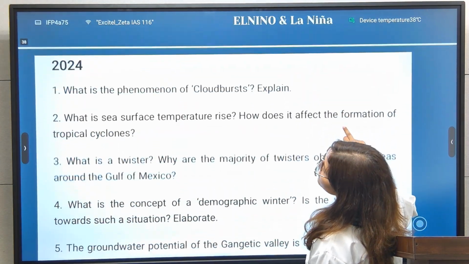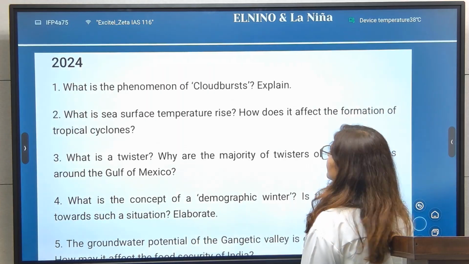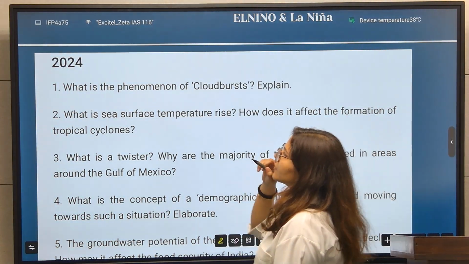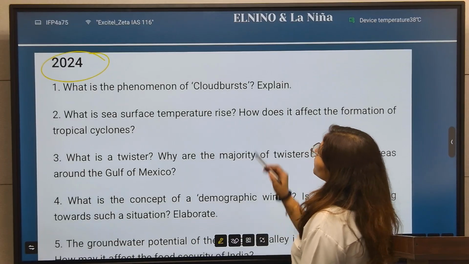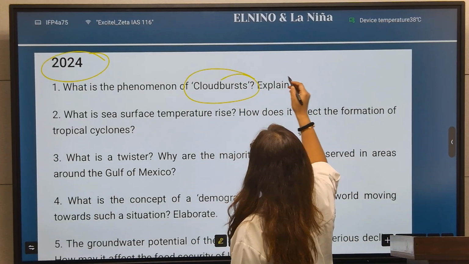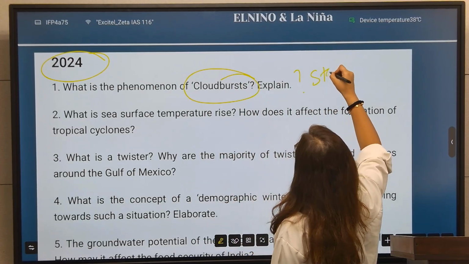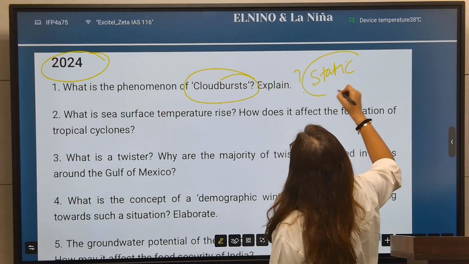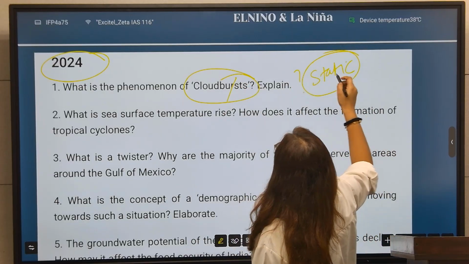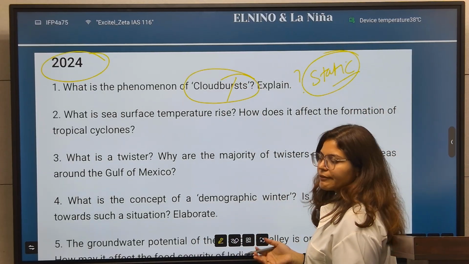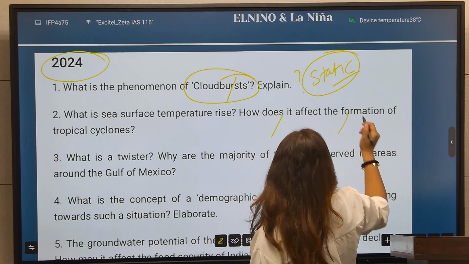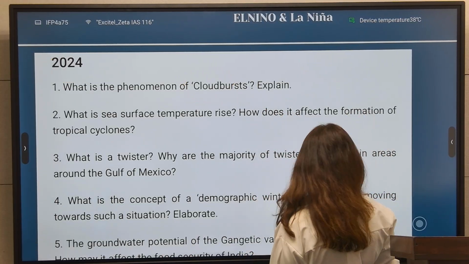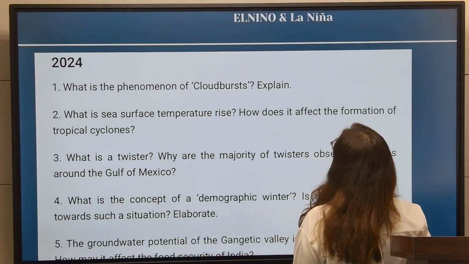So now see 2024 questions. In 2024, the first question was: what is the phenomenon of cloud burst? So a simple question, a static question. Write with an intro, write the definition of cloud burst, and then the whole phenomenon of cloud burst, and images, pictures also.